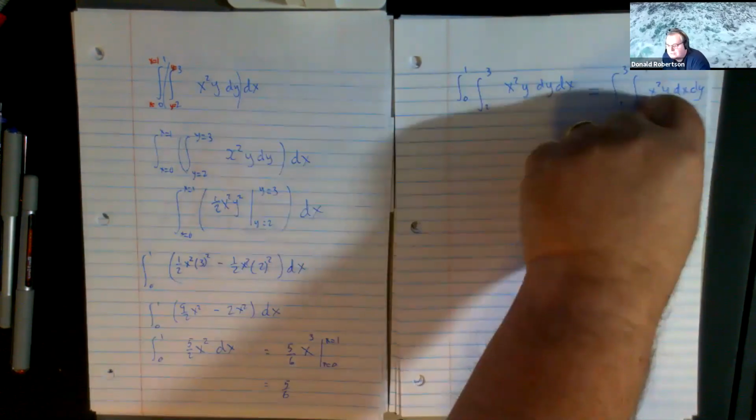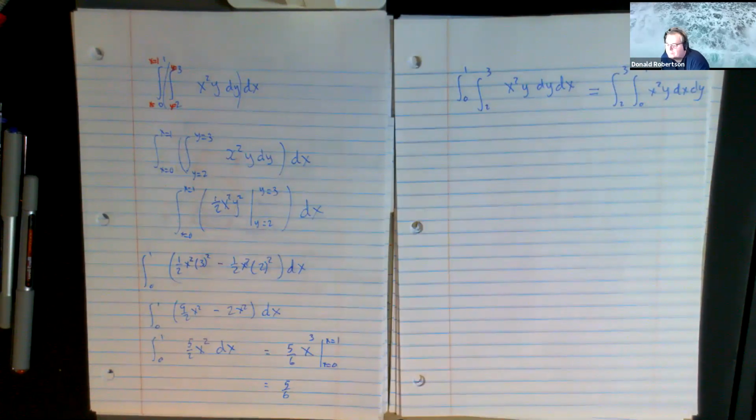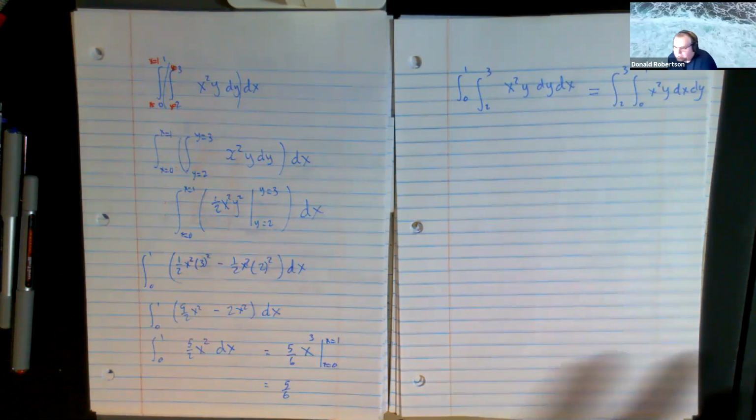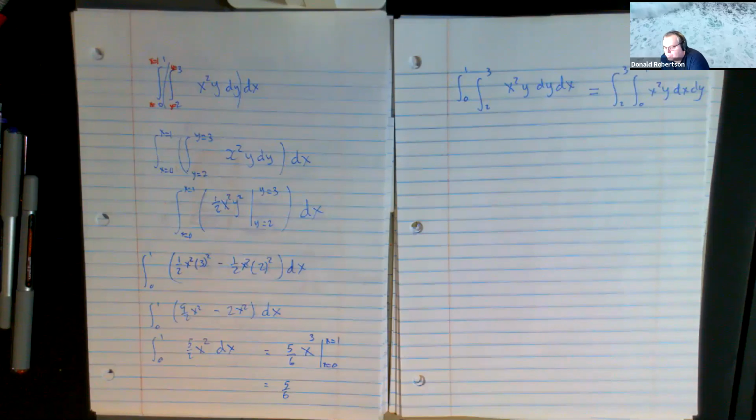Do you know that both of those get you the same answer? Does that seem a reasonable thing that you would have expected? Now, the calculations and the algebra might not look the same because of what you do first and what you're doing second, but the final answer will still be 5/6.